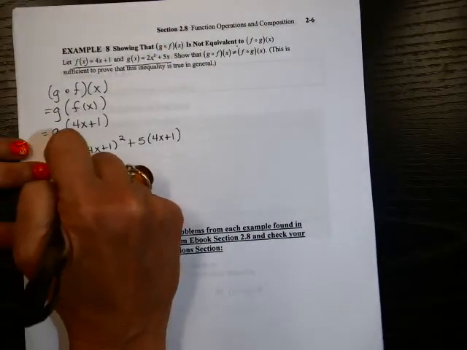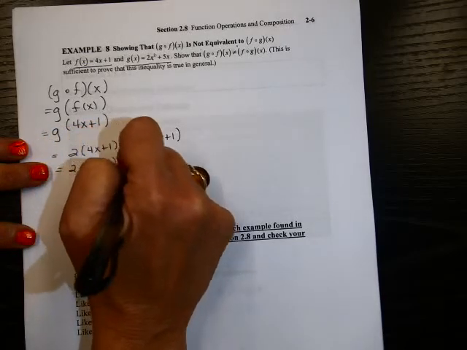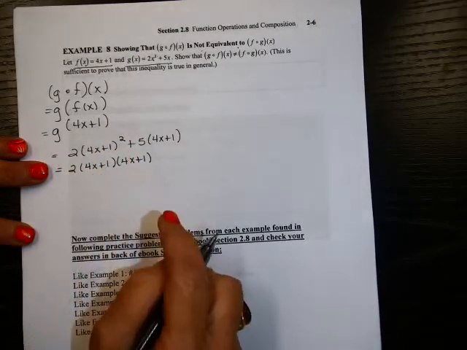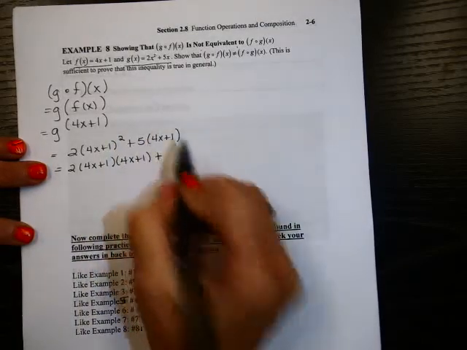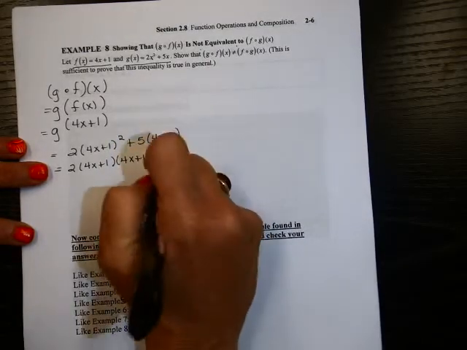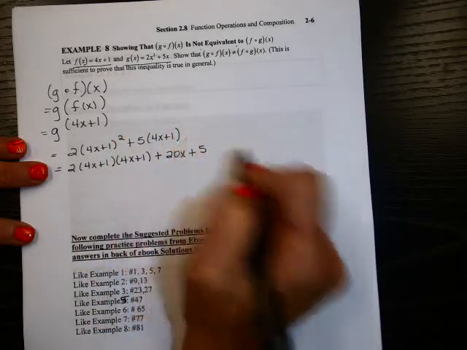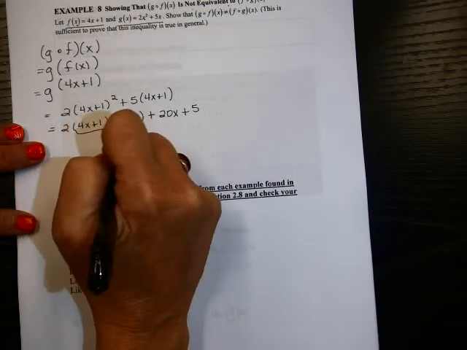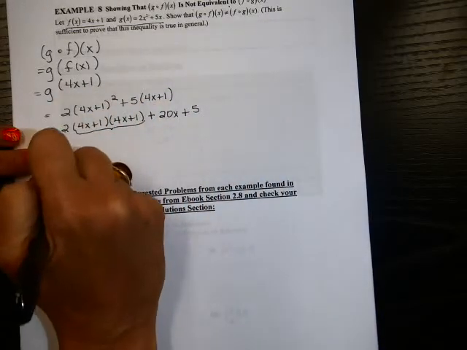So this is 2 times 4x plus 1 times 4x plus 1. Remember, 4x plus 1 all squared means something times itself right there. Plus, and I'm going to go ahead and distribute this and get that done. 5 times 4x is 20x and 5 times 1 is 5. Now I like to do the FOIL part first and get that done, and then we'll come back and distribute the 2.